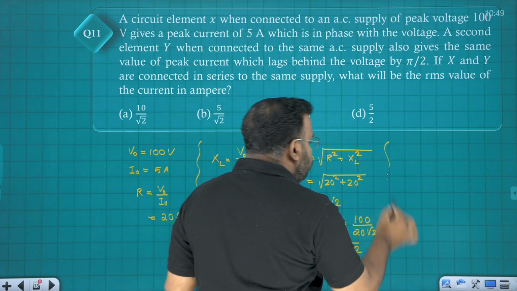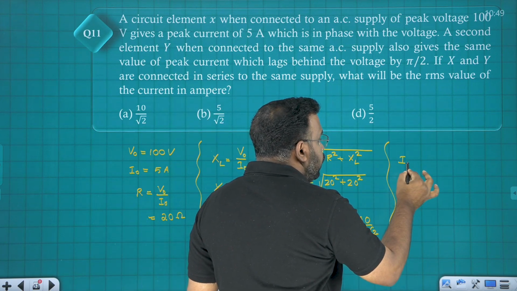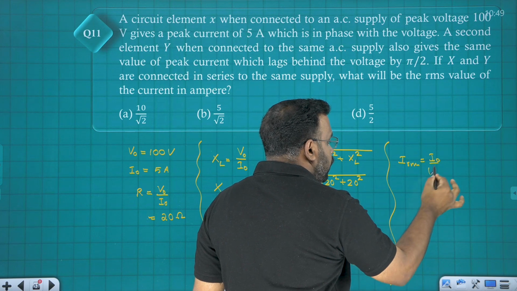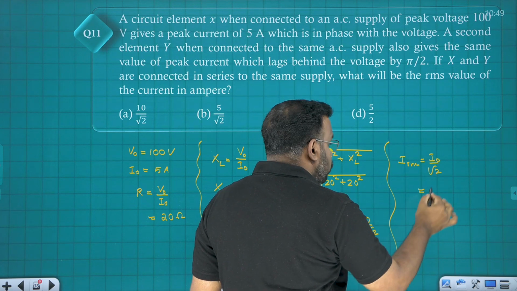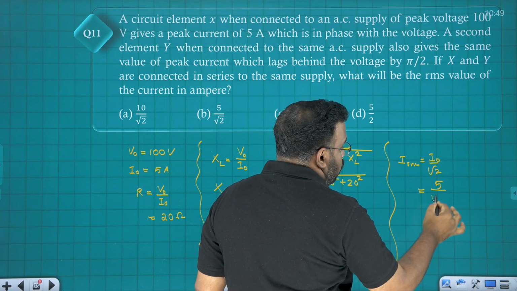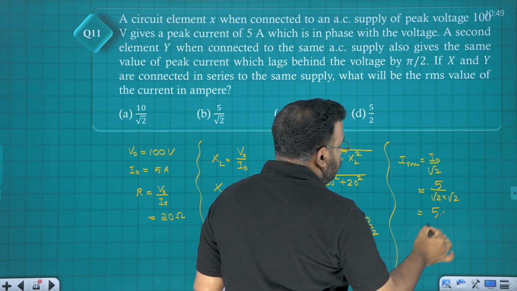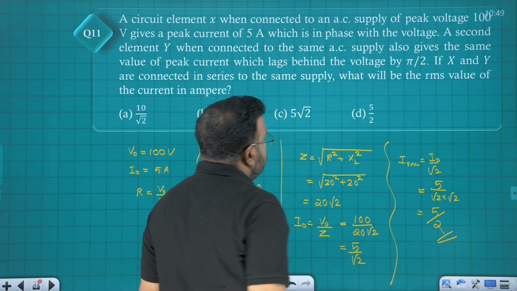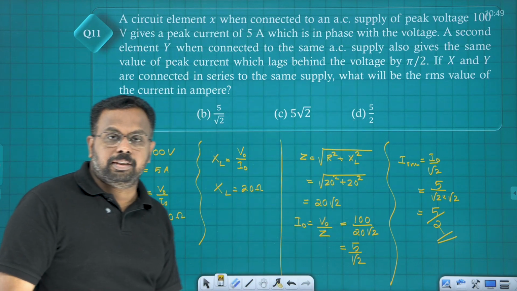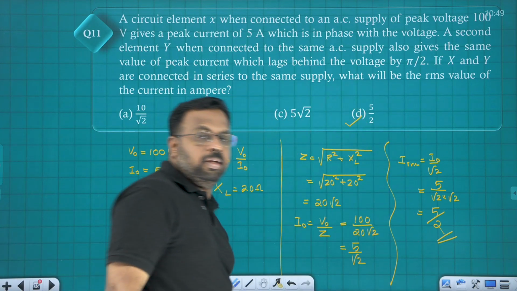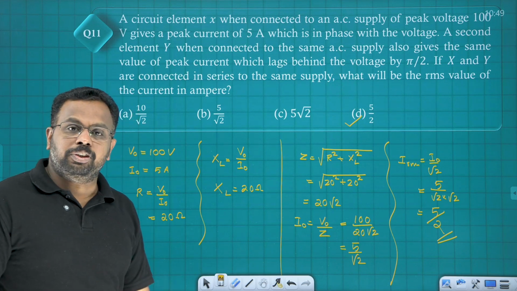IRMS is equal to I naught by root 2. So 5 by root 2 divided by root 2 gives 5 by 2, which is 2.5 ampere. 5 by 2 itself is there in the answer. Option D is the right answer for this question.